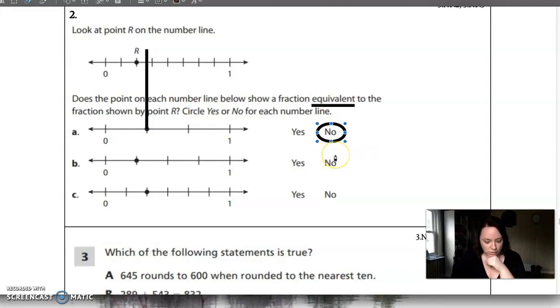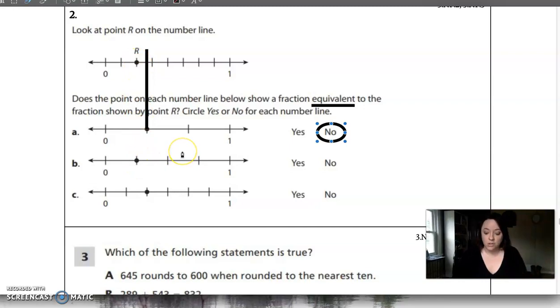Now we need to go to letter B. 1, 2, 3 fourths. So 0 fourths, 1 fourth, 2 fourths, 3 fourths, 4 fourths. So we know 1 fourth, and we know R is at 2/8. So 2/8 and 1 fourth.